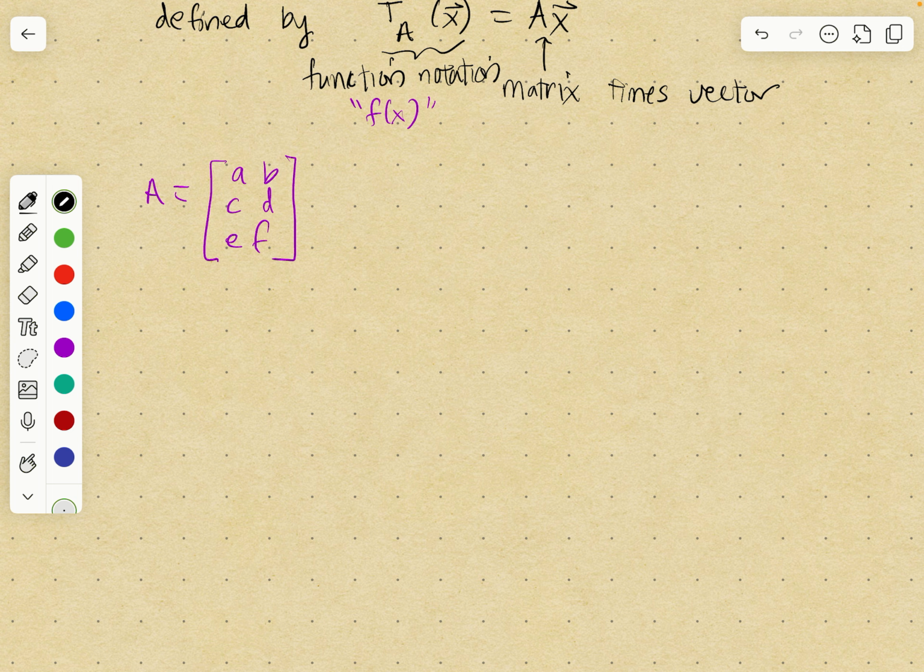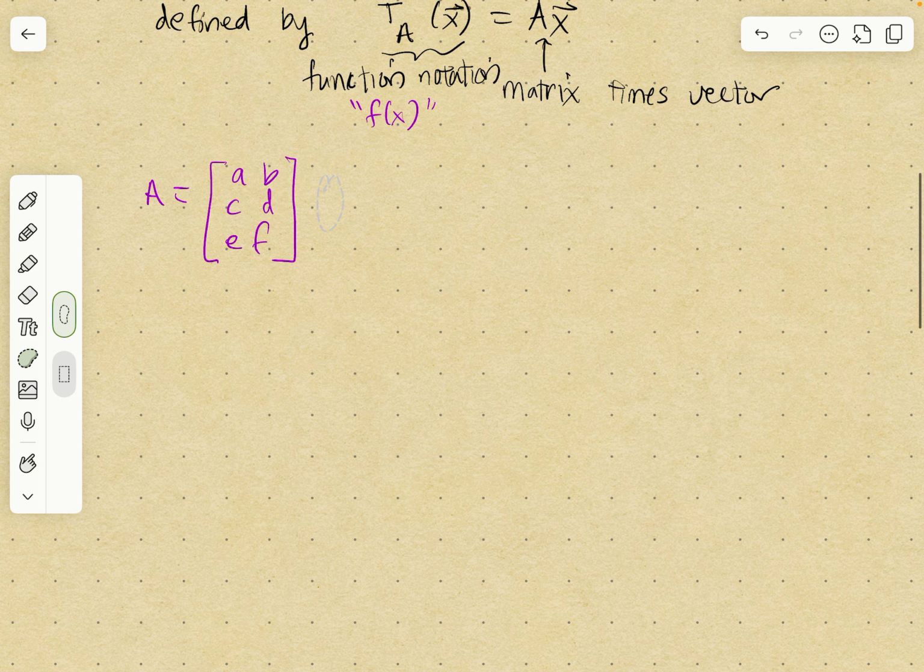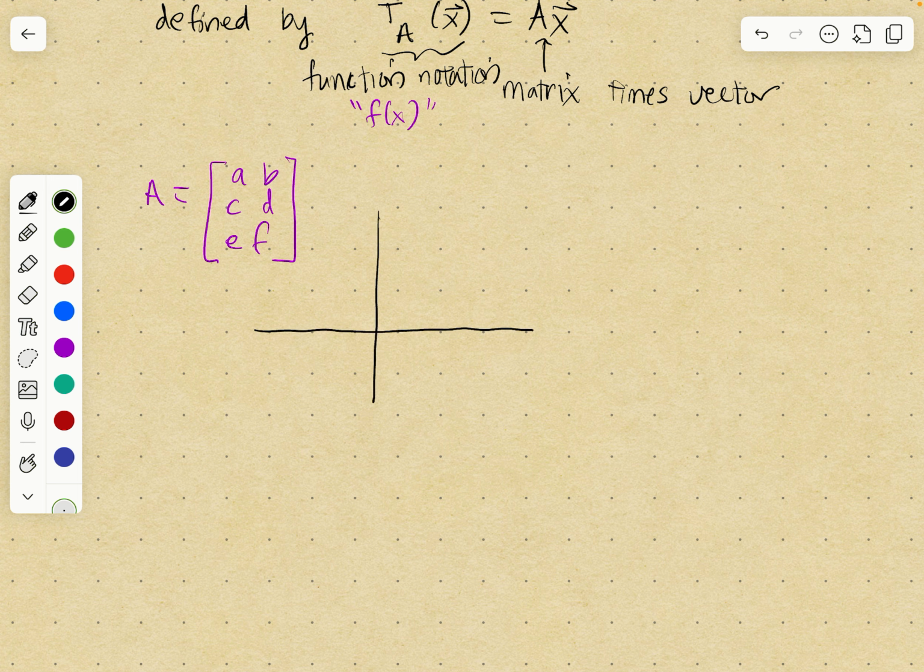It has 2, right? Because in order to be able to do A times x, I have to have 2 components in x. So my domain is going to be R2. So I have a vector x, say here. And then the output is going to be in R what?